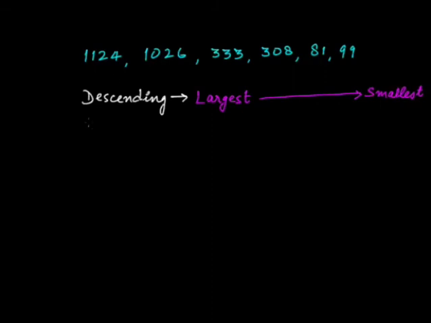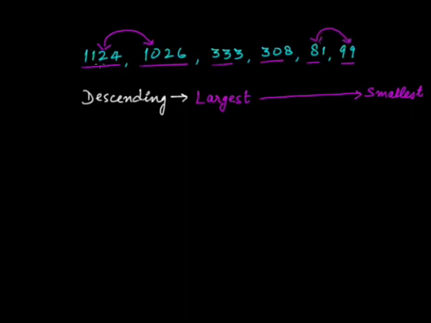So first find out the largest number. Which one is the largest number here? This is a 4-digit number, this is a 4-digit number, this is 3, this is 3, this is 2, this is a 2-digit number. Obviously, the largest number would be in between these two numbers, because these are 4-digit numbers. And the smallest would be in between these numbers.